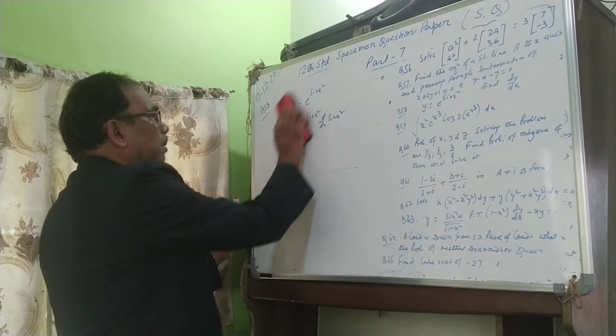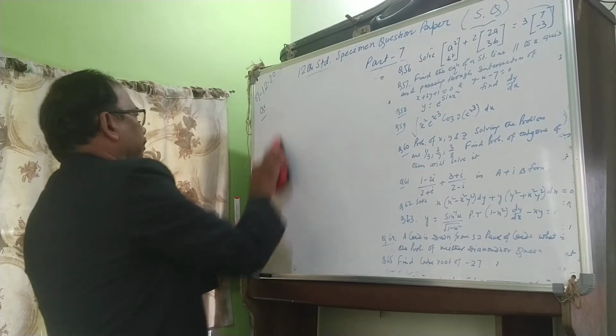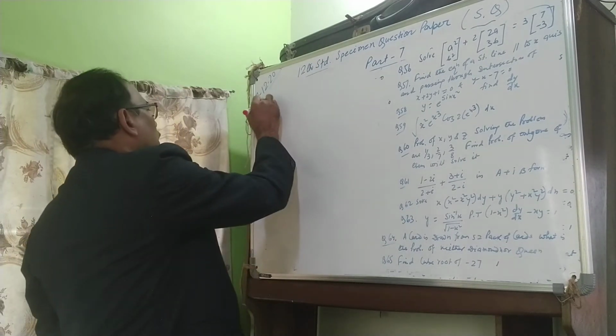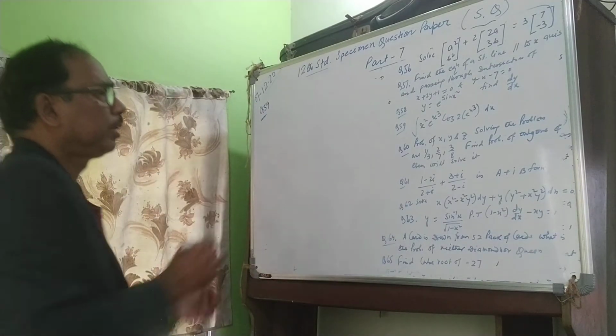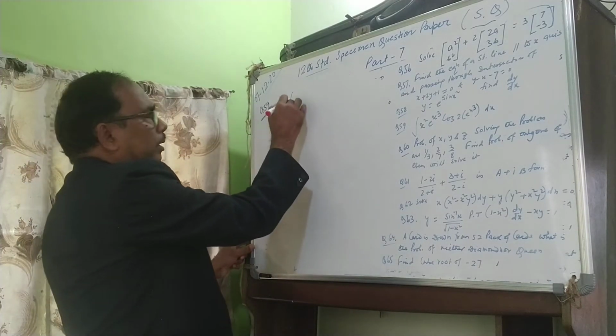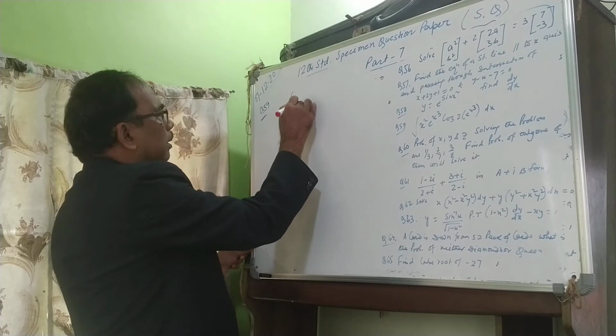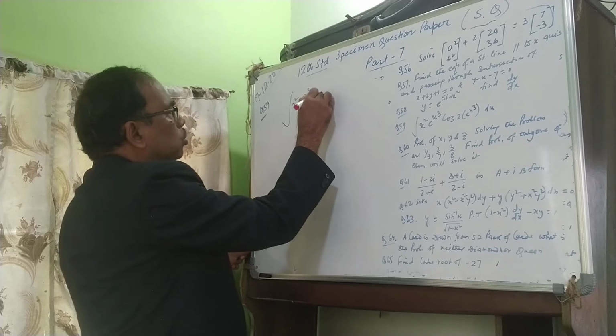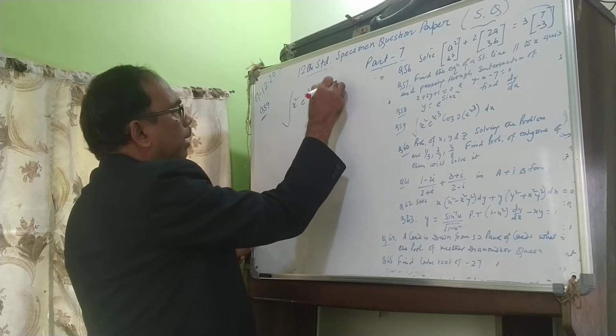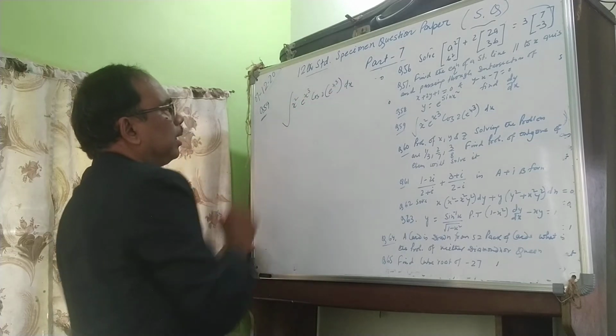Next, sum number 59. Question number 59. It is an integration sum: integration of x squared e to the power x cubed cos of 2 e to the power x cubed dx.